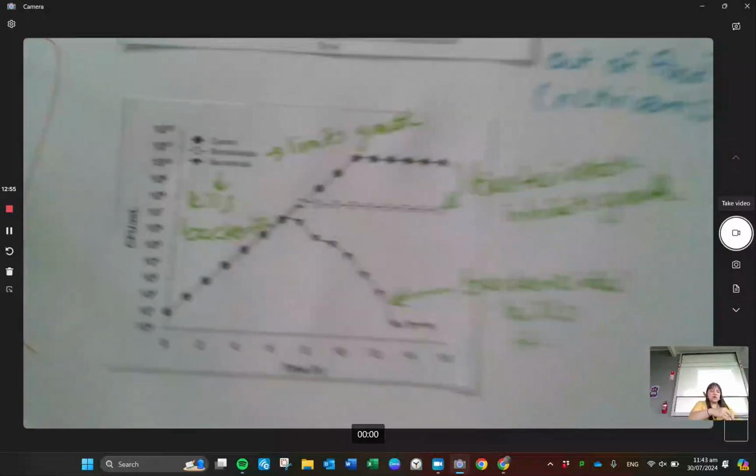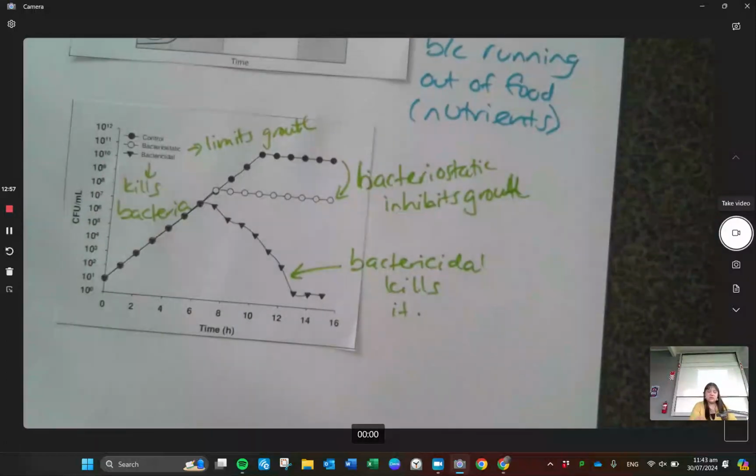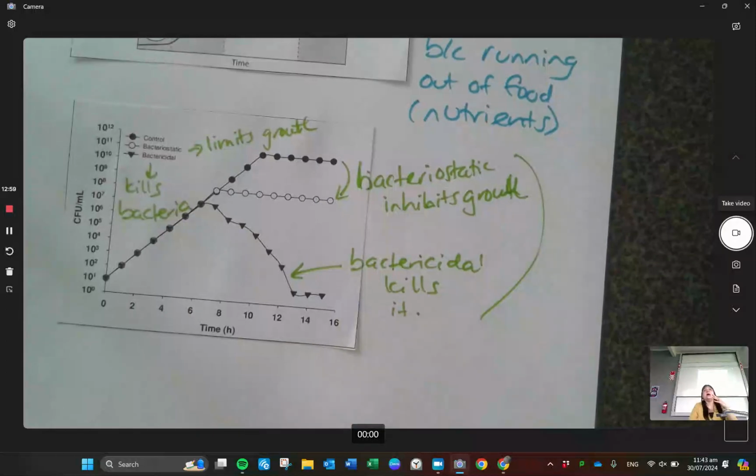All right, now when we are comparing these two against each other, depending on what bactericide or bacteriostatic you use, it could be an abiotic or a biotic factor. Most likely it's going to be an abiotic factor because it's going to be a drug or a chemical.